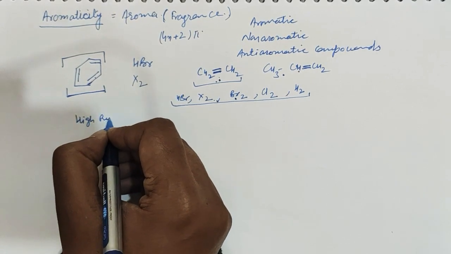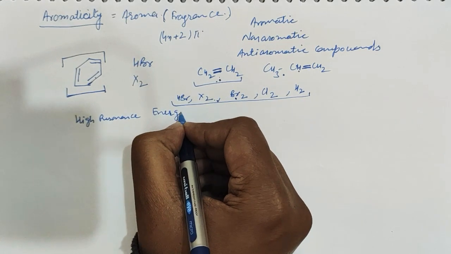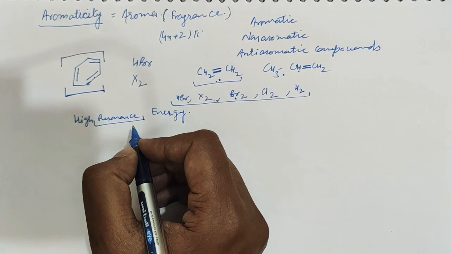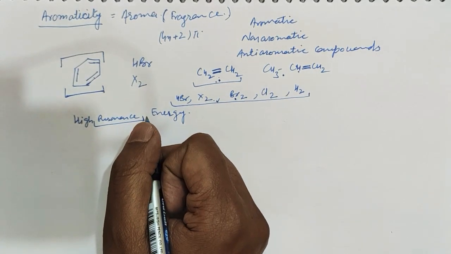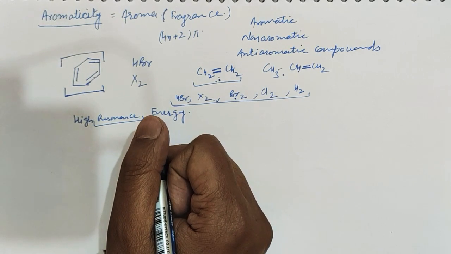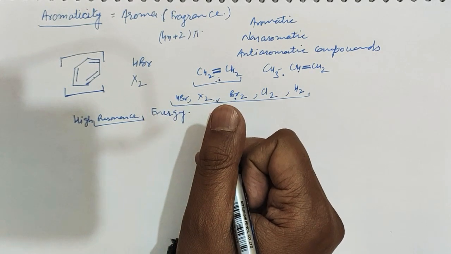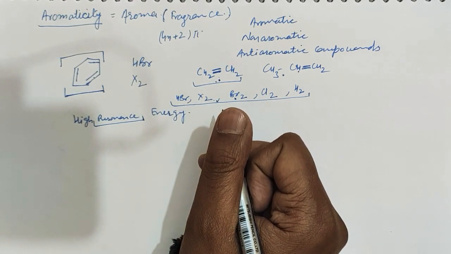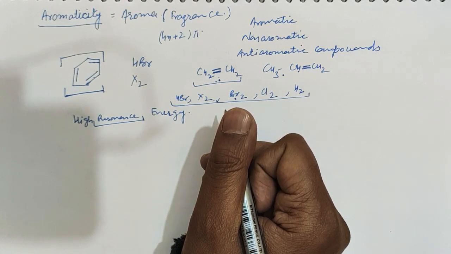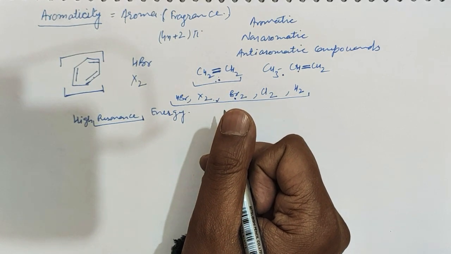What is resonance? Resonance is the phenomenon when one compound is represented by more than one structure and the actual structure is not certain. Its heat of hydrogenation is 212 kilojoule per mole, which is rather low as compared with that calculated for cyclohexatriene.